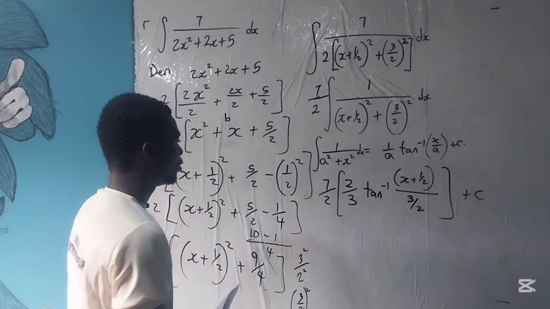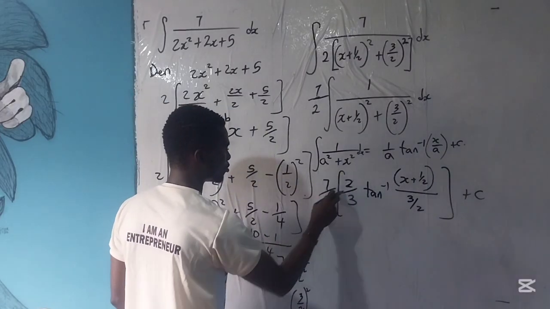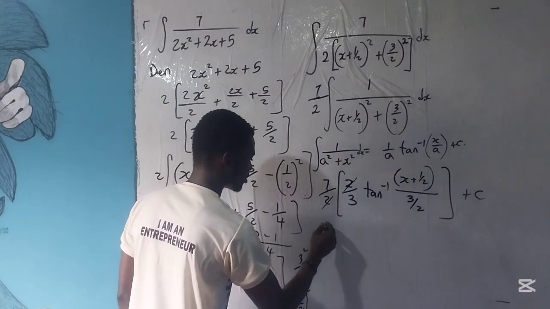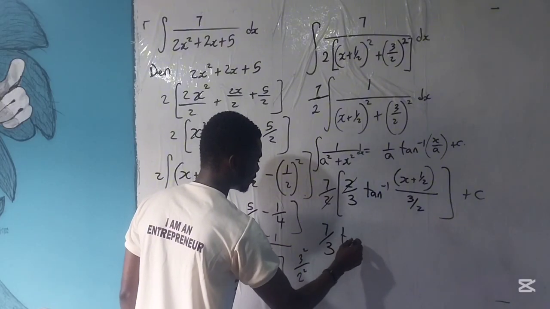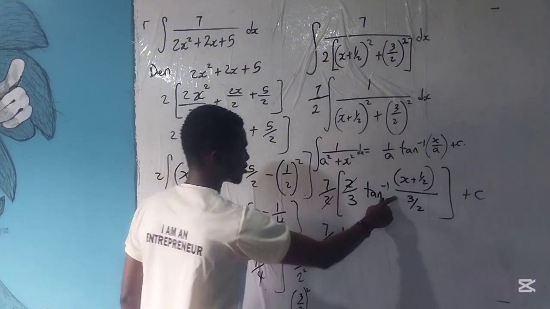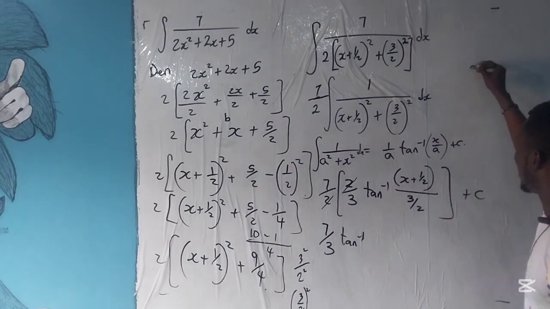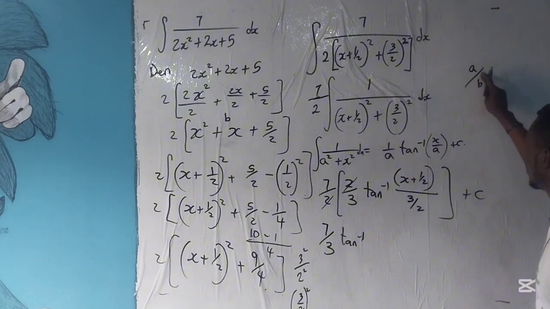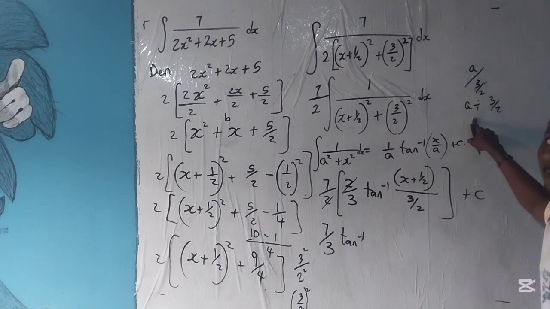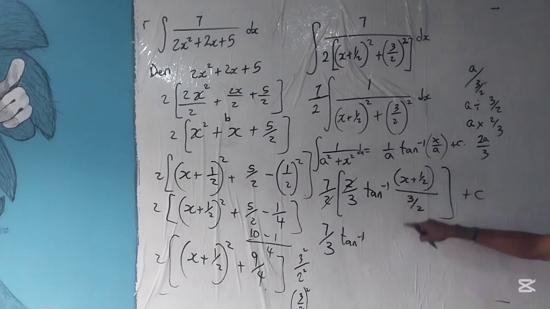Now let's continue. This will multiply this. 2 here, 1; 2 here, 1, right? So that means we have 7/3 tan inverse of, and in this place, you have this one divided by 3/2. Just like saying a divided by 3/2. And in fractions, division turns to multiplication. That's a times 2/3. That means 2 will multiply a. That's 2a/3. So this 2 here, we multiply this bracket, then 3 will be the denominator.